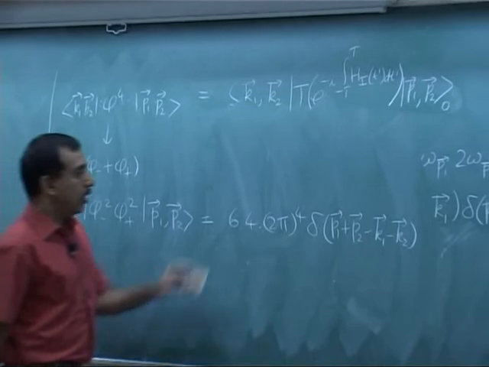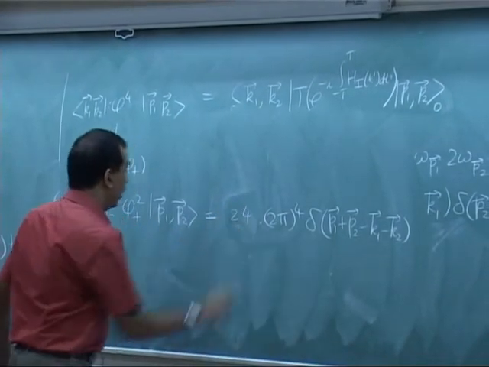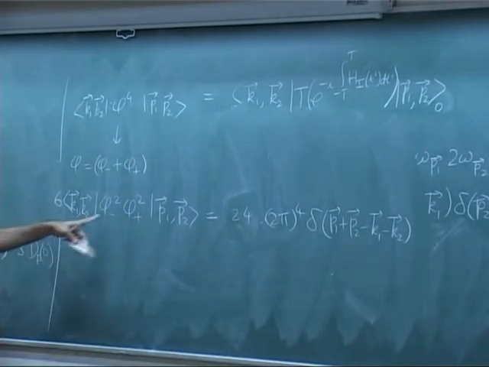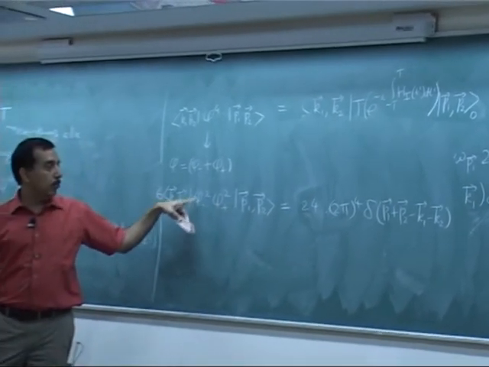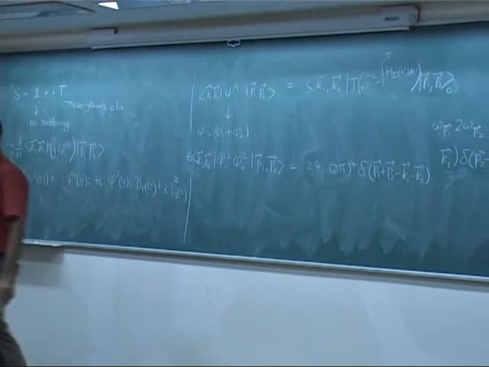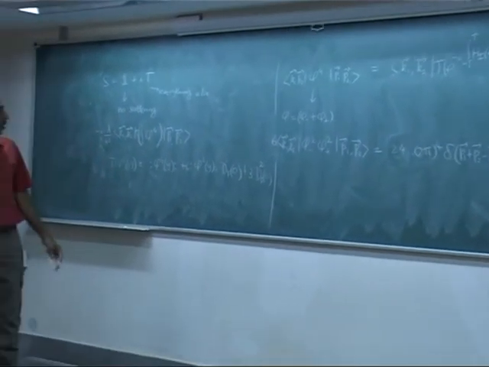So the claim is that you get 24. Out of that, 6 is from here, and you get 4 more from 2 of these and 2 of these. You'll get 4 if you do this calculation, and it's done in the notes. Okay.